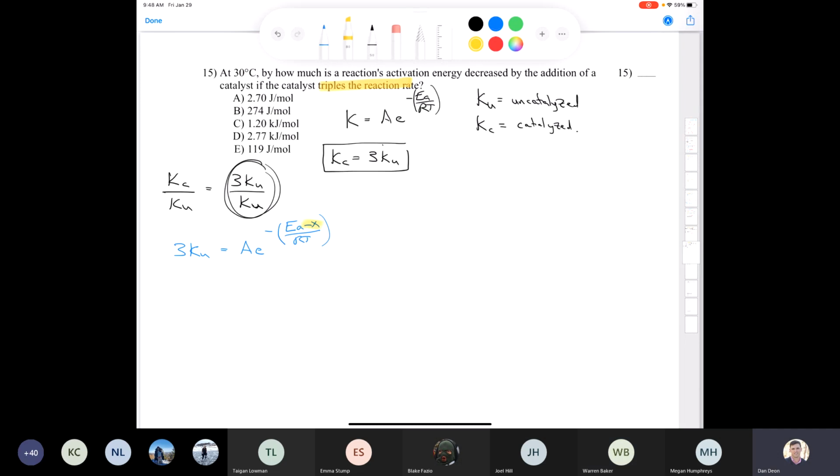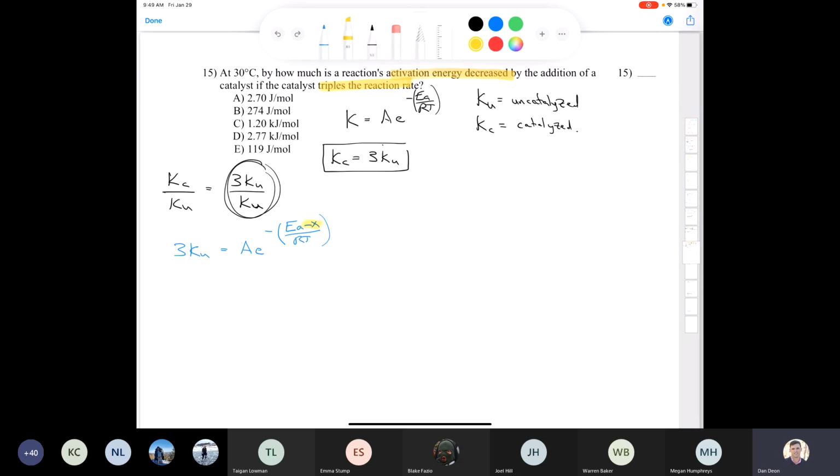Remember that when we have our catalyzed reaction, it told us that the activation energy is going to decrease. So I start with my regular activation energy and I'm going to lose an amount. And that's what these answers are. The answer is going to be how much the activation energy decreases. So we're actually solving for the amount, this X. How much is it decreasing?